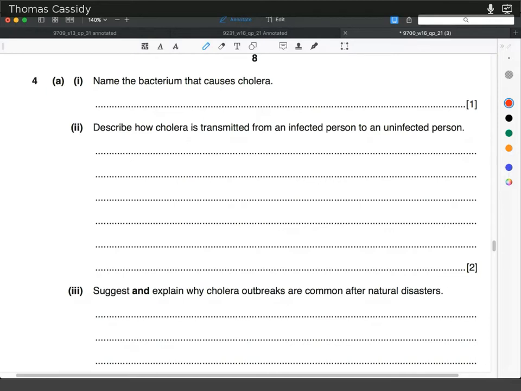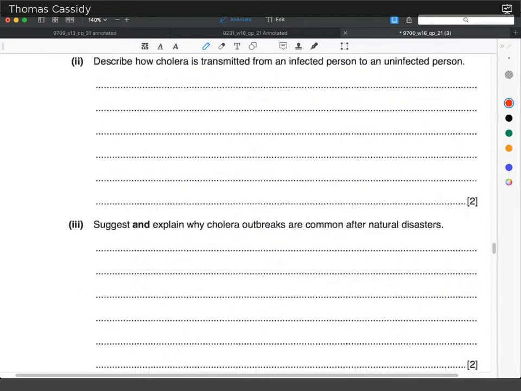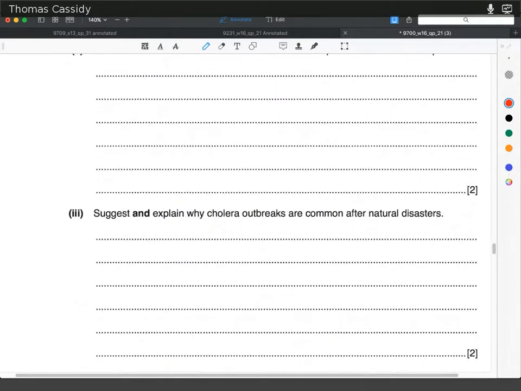So lovely stuff to talk about. But part 3 then says suggest and explain why cholera outbreaks are common after natural disasters. So suggest and explain. We're looking at 2 marks. So we're looking for something that might happen during a natural disaster, and why that thing that happened would cause this outbreak.